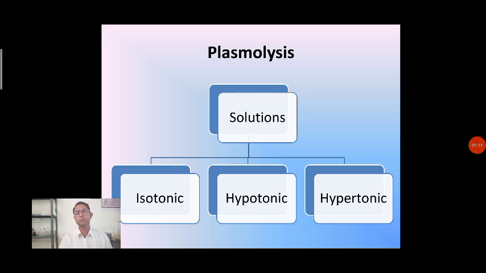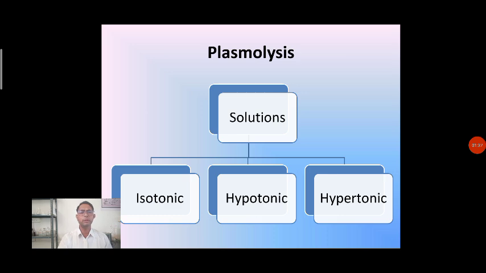Now, as we know, there are different types of solution available for a living organism. Say for example, a solution having a pH more than 7, sometimes a solution having a pH less than 7, and sometimes a neutral solution is also there.